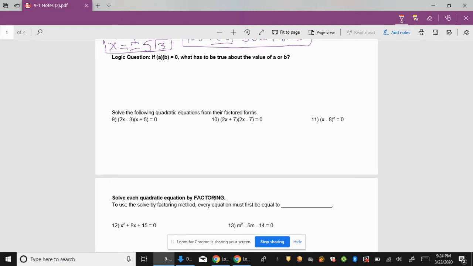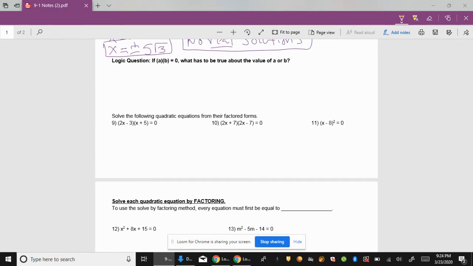Well, if a product comes out to be 0, either a is going to equal 0, or maybe b is equal to 0, or they both are. That's a possibility, right? Regardless, at least one of those has to be 0 in order for that to happen.